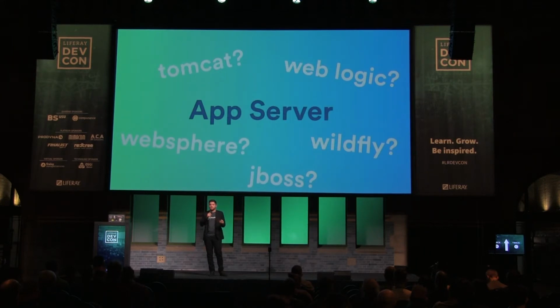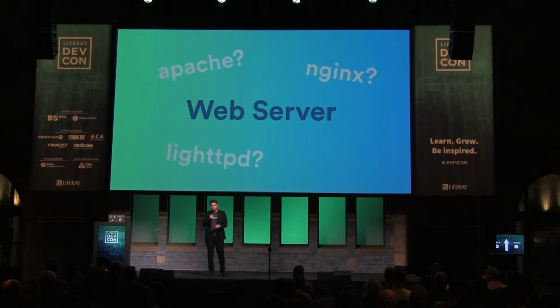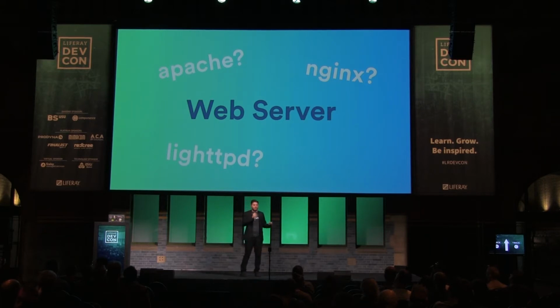What is going to be the app server? Tomcat, or maybe WebLogic. In the Java world, you have many options, and you also have many options in different languages. So you pick one of those. Then maybe or not, you're going to put an Apache or Nginx in front of your application. So you need to pick one of them as well, learn it, and put it in production.